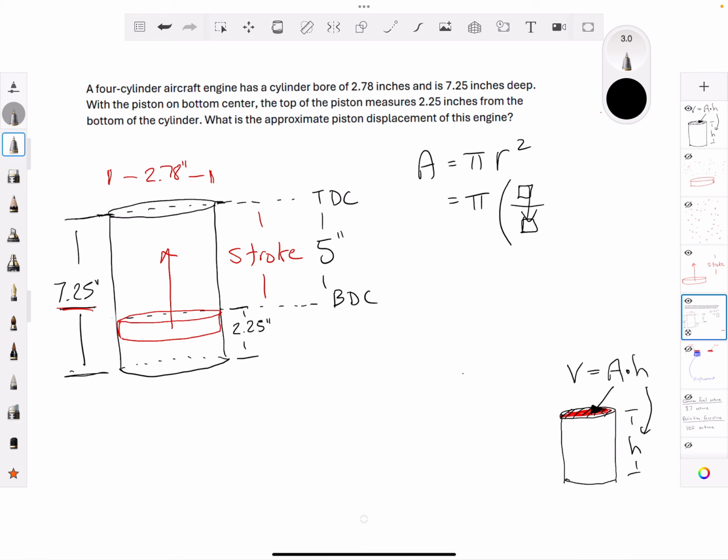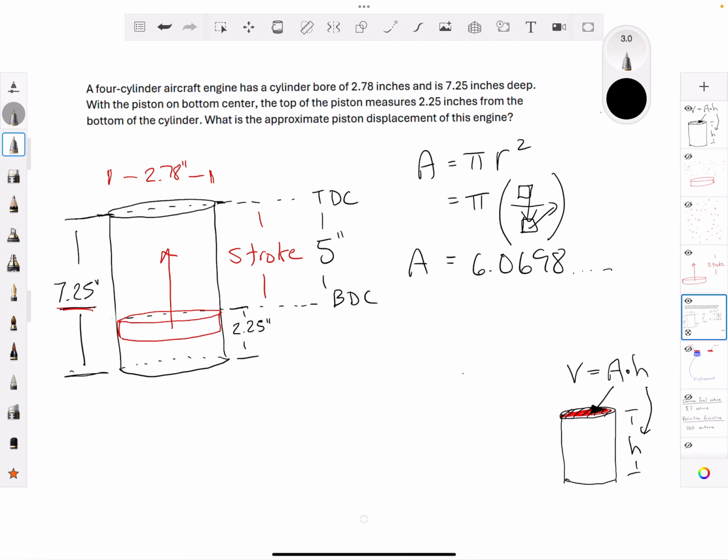I'm going to scroll down and do 2, because I'm dividing that by 2. I'm going to hit the right arrow key and do a close parentheses. And then I'm going to hit my squared button, which is to the left of 7. Then I hit enter, and the area comes out to be 6.0698, and it just continues on.